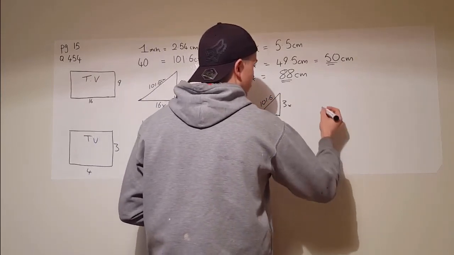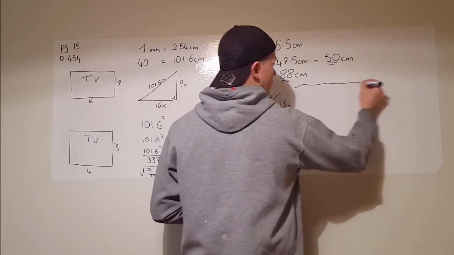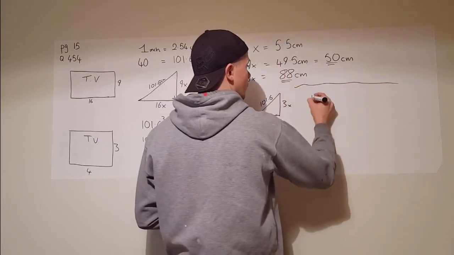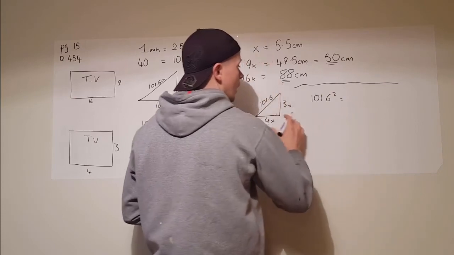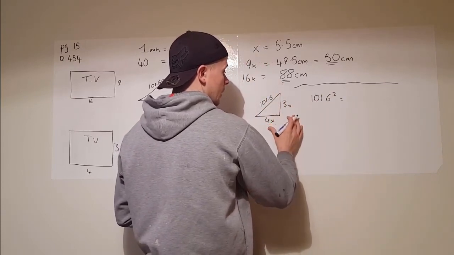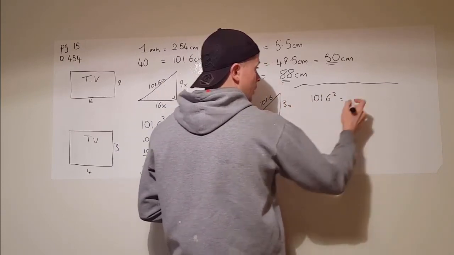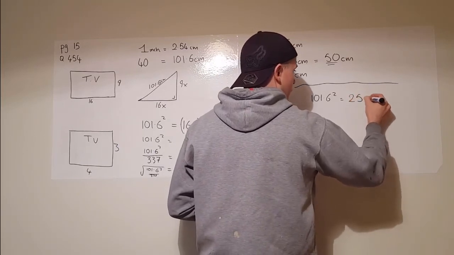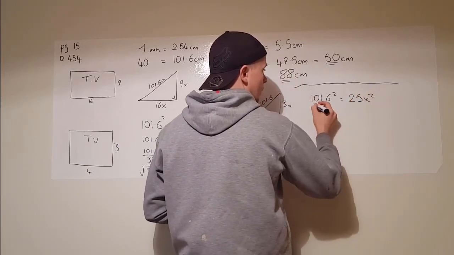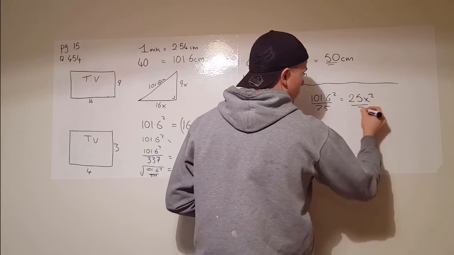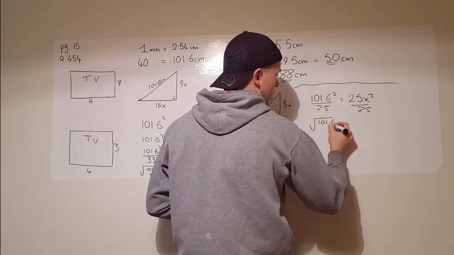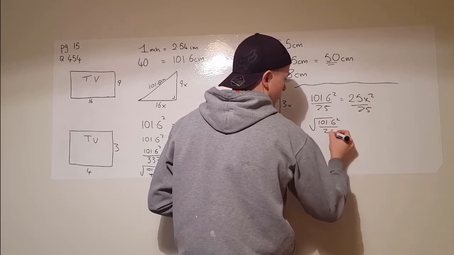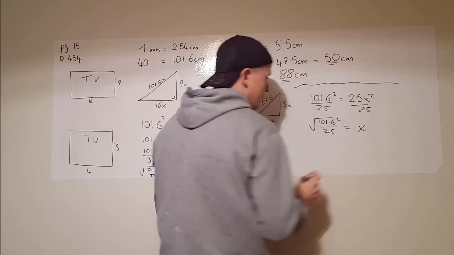So again, 101.6 squared. I'm going to do this a little bit quicker than what we've done before. So 101.6 squared is equal to, adding all of that together, 25x squared. So divide this by 25, divide that by 25. So the square root of 101.6 squared all over 25 is equal to x.